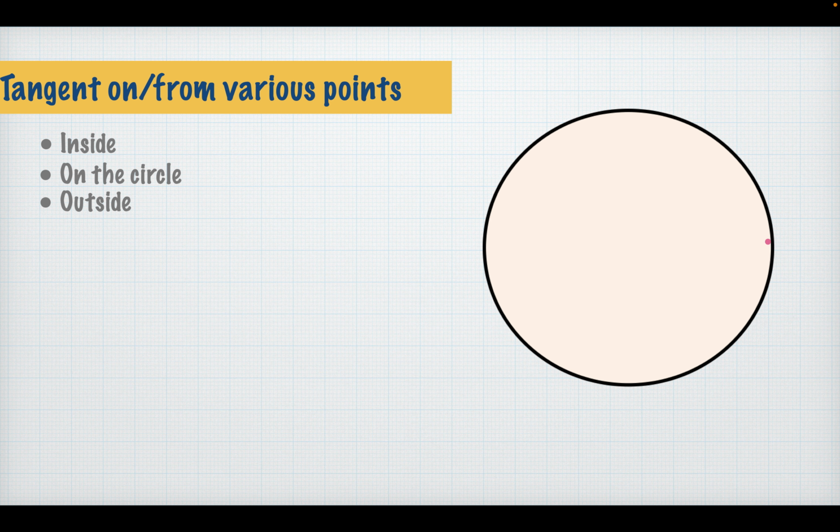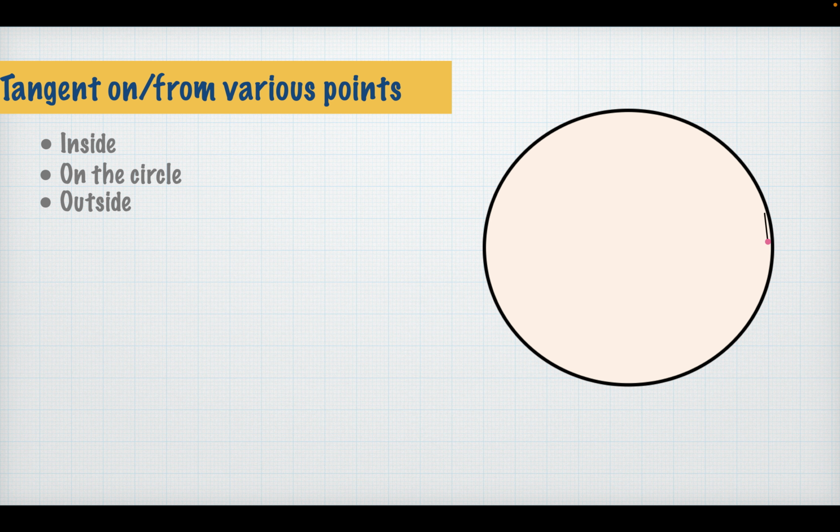Then I try drawing a line like we did for a tangent outside the circle, when we just touched a point on the circle, because this is inside the circle. So I want to see, can I touch the circle just like that, just one point, and then I don't touch any other point on the circle.